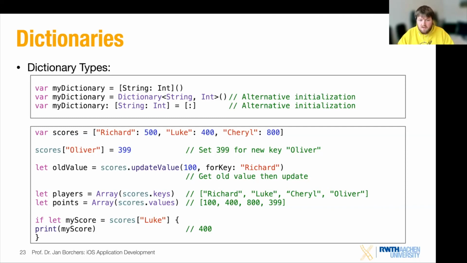And similarly, we can also access all the values in our dictionary by using scores.values, returning all the values that are currently stored in there. And the last 3 lines here already show you how you could access a value that you want to take out.